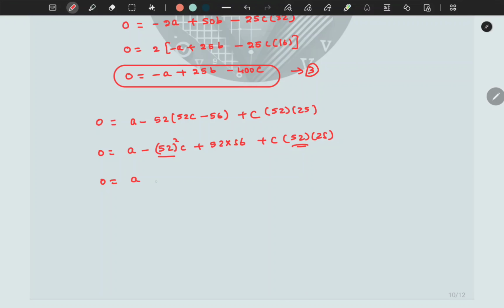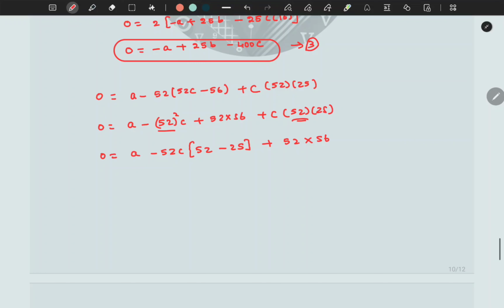Taking minus 52c common, what remains here is 52 and minus 25, plus 52 into 56. So we get 0 is equal to a minus 52 minus 25, which is 27, so 52c into 27 plus 52 into 56.